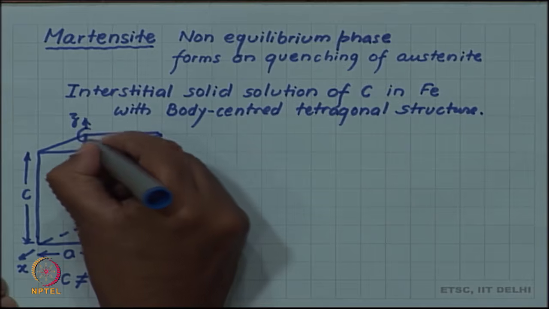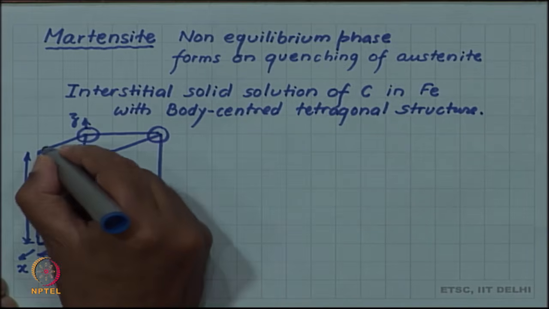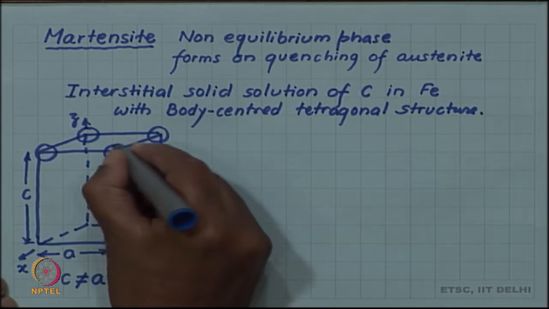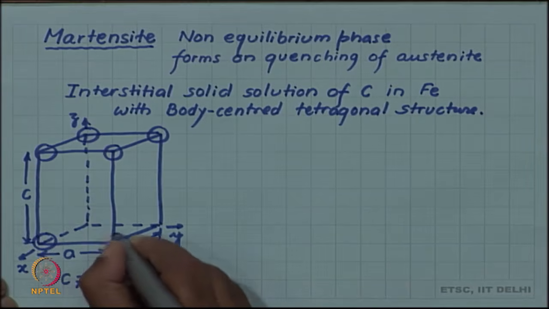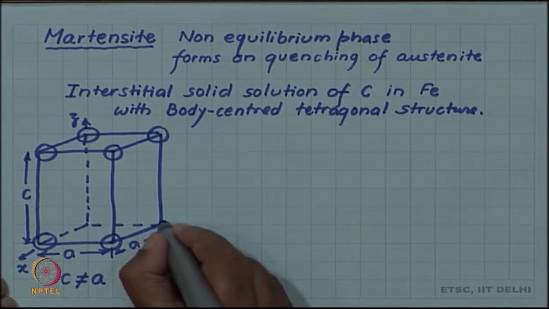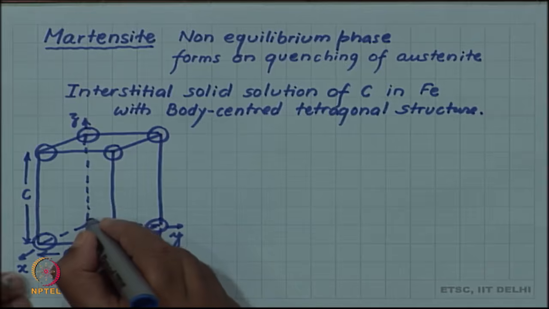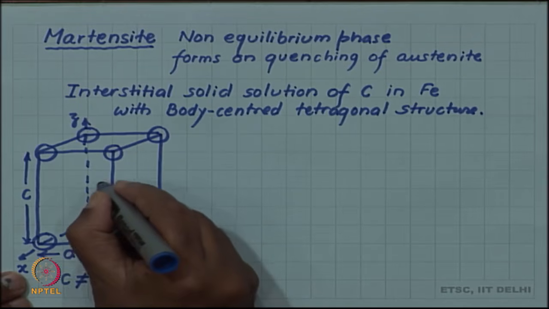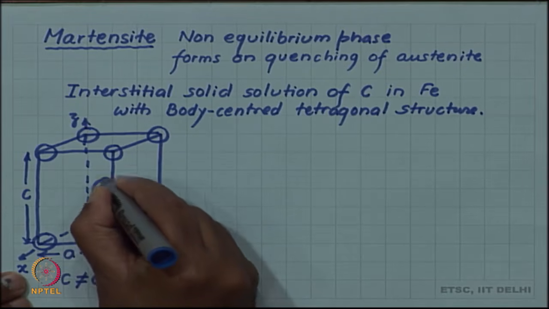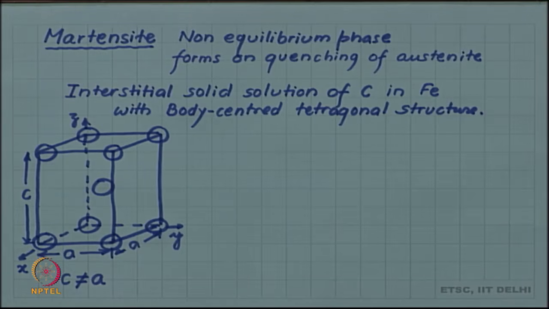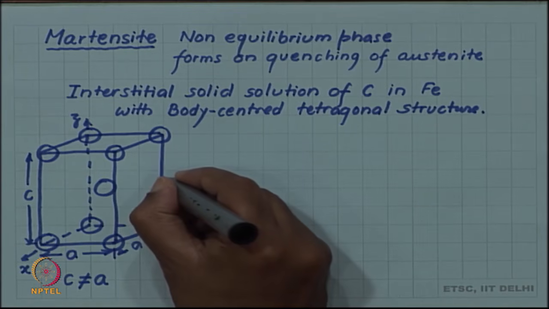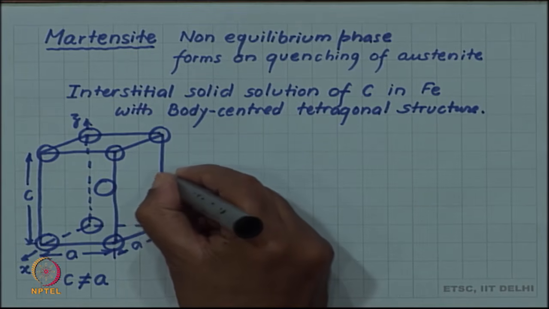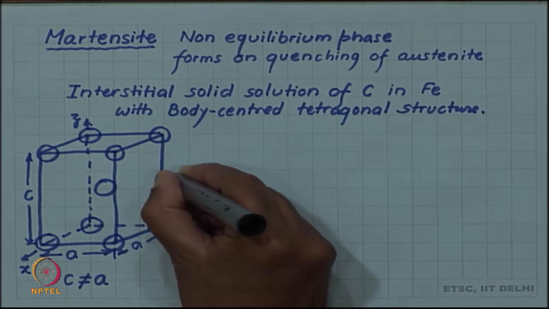The iron sits at the corners and the body center, because this is body centered cubic. And carbon finds its location in the middle of the edges of the C axis.